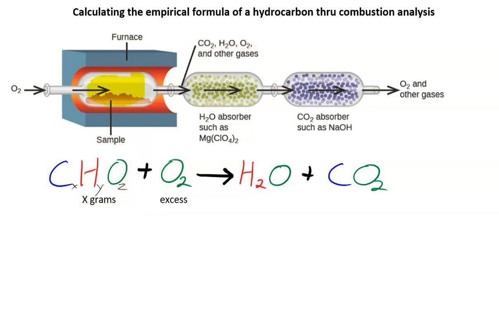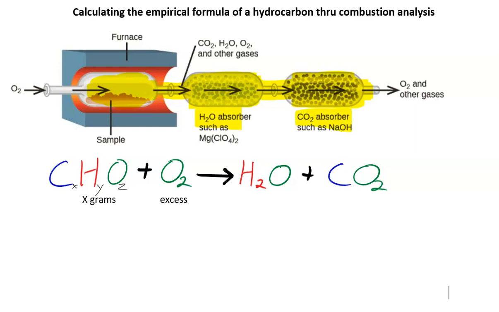As our sample burns in the excess of oxygen, it will fill this with gas, and the products will go through these tubes. Each one of these containers has a chemical that absorbs a particular product. The first one is absorbing gaseous water, and the second one is absorbing carbon dioxide.